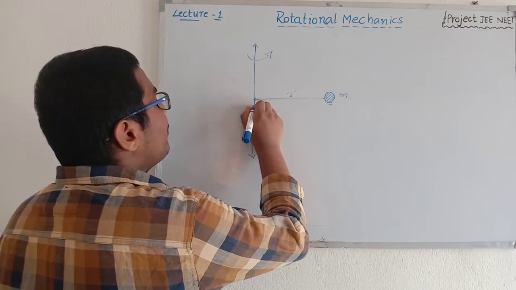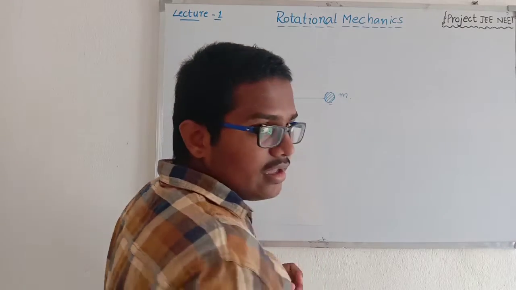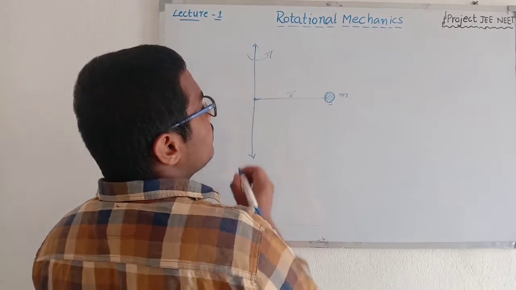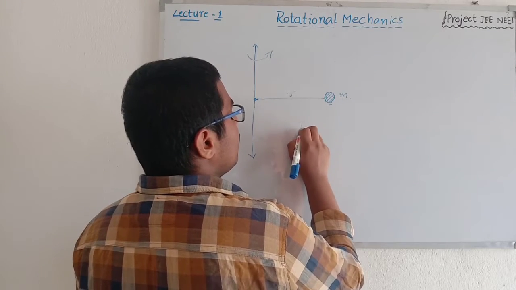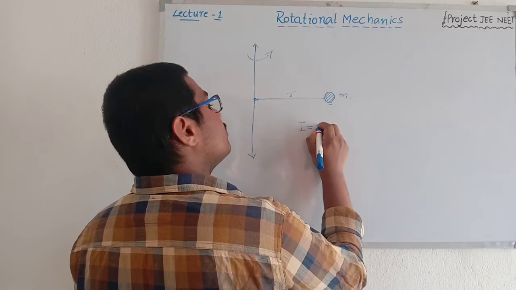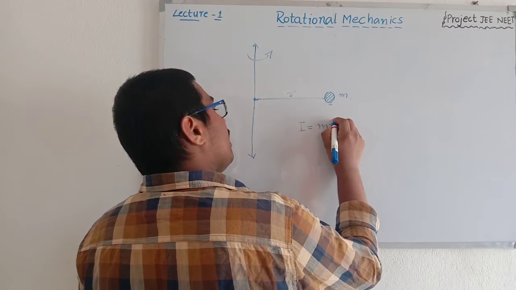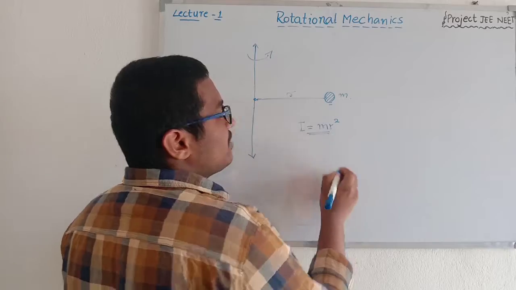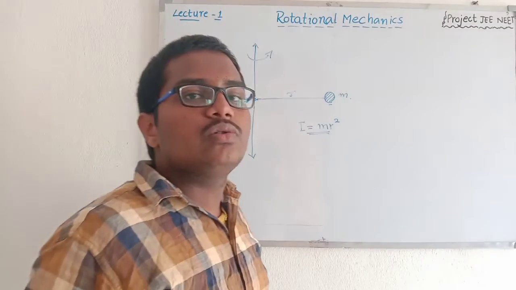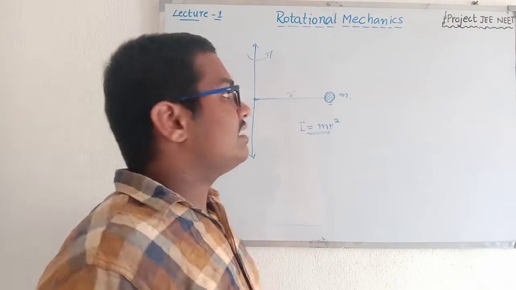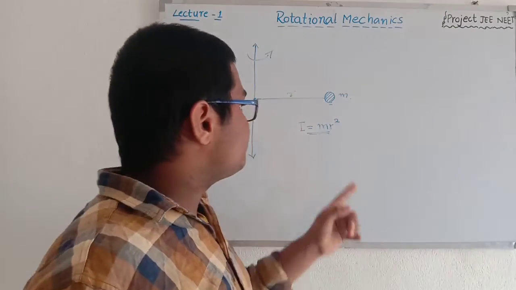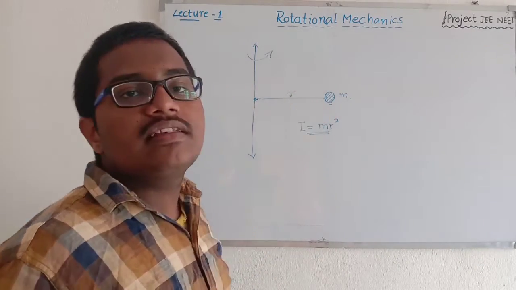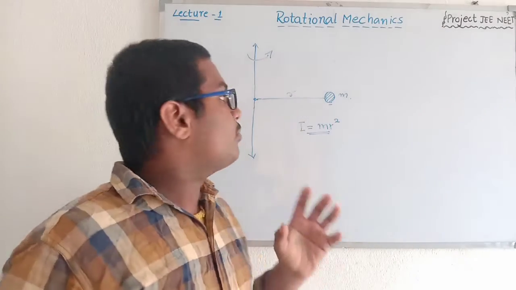We have the moment of inertia of this body at this particular perpendicular distance as I is equal to m into r square. The basic definition also includes, in some books, the product of the mass of the body into the square of the perpendicular distance to the center of the body.